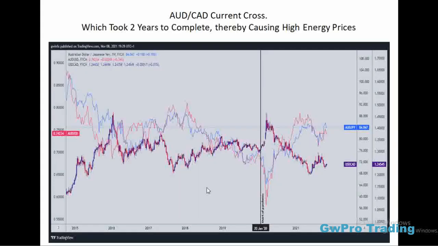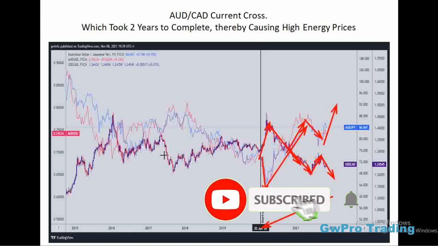What is also happening in the current market? All right, COVID, separation, the cross. So this is expected to still continue a little bit, and this is still expected to continue a little bit.